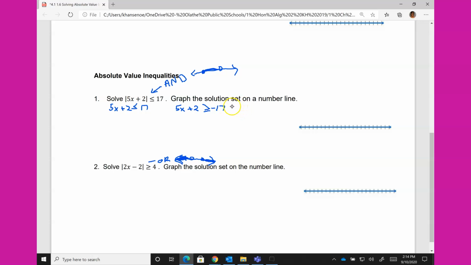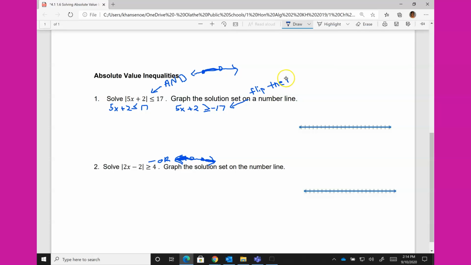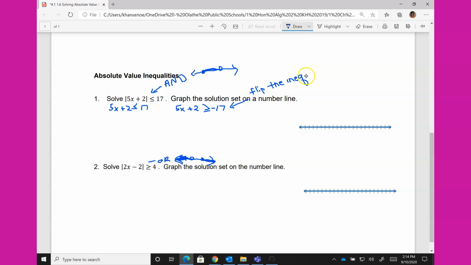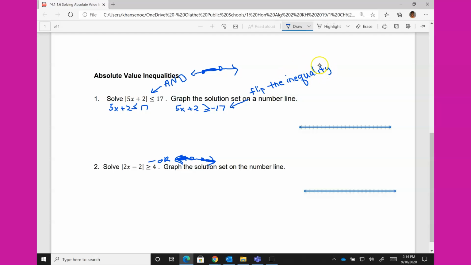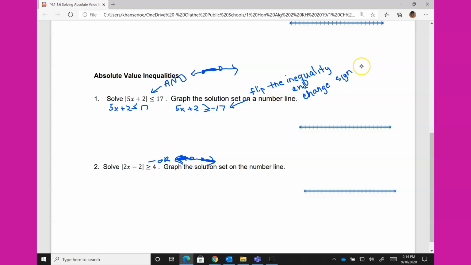So I'm going to write off to the side here: flip the inequality, and change the sign on the number.